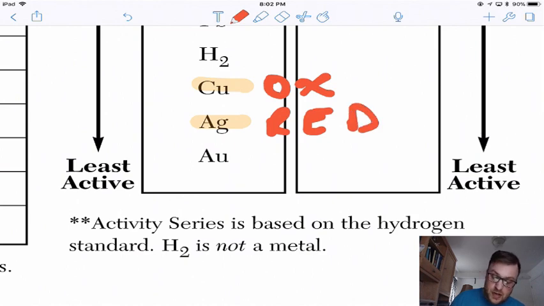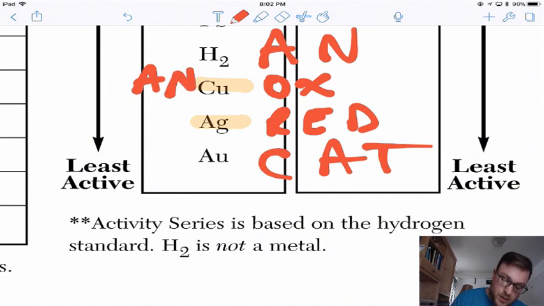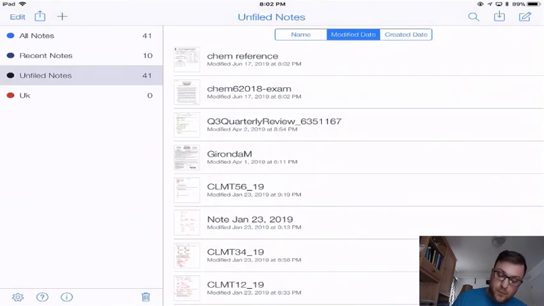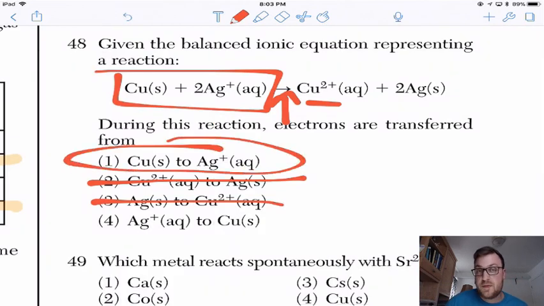Then you say to yourself, red cat, reduction is cathode, and ox, anode is oxidation, copper must be my anode, silver must be my cathode, and electrons always flow from the anode to the cathode. So we want to pick an answer choice that shows them flowing from the anode of copper to the cathode of silver.